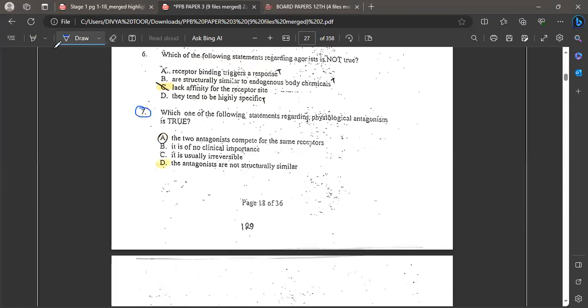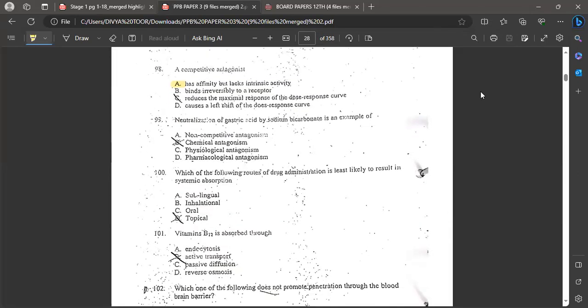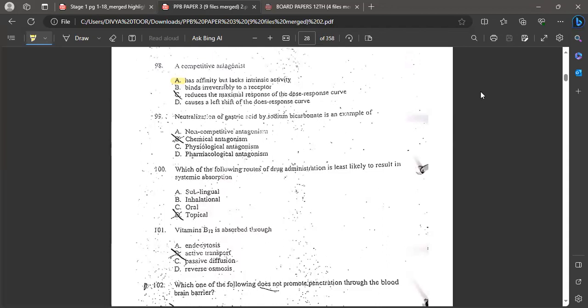I've even seen in Wikipedia that they bind to different receptors. Yeah, so it's D. They are not structurally similar. Okay, so we move.